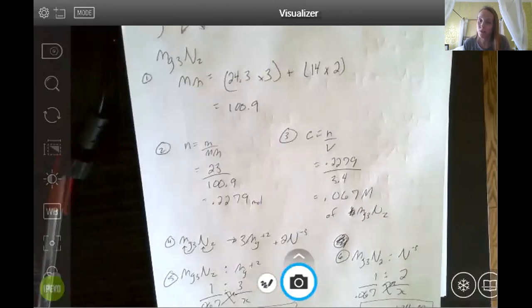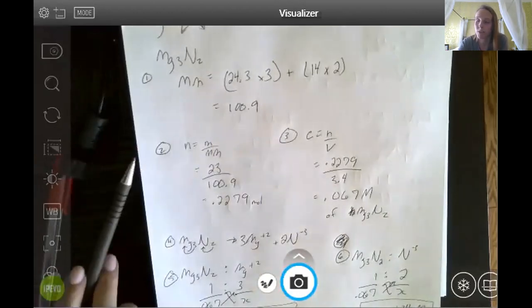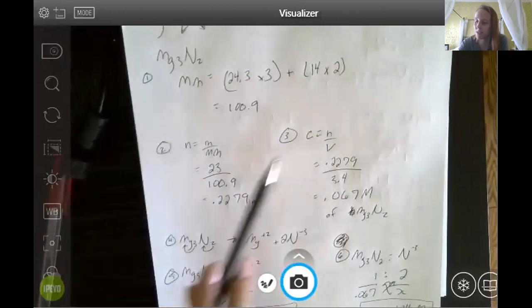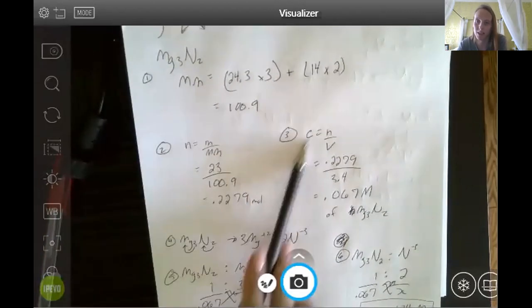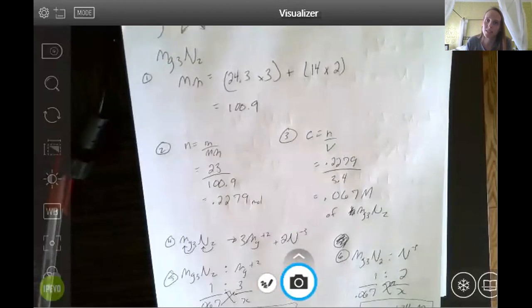So it can make a huge difference on tests, especially ones with lots of steps like this. Those part marks make a huge difference. So please label your steps, show your work really clearly. It can make a massive difference to your final mark on a test or quiz and overall in this course.